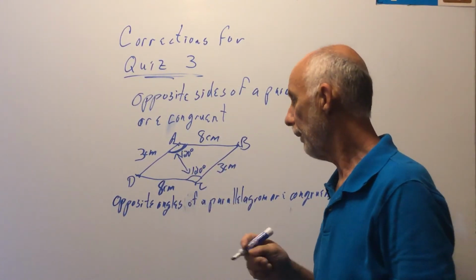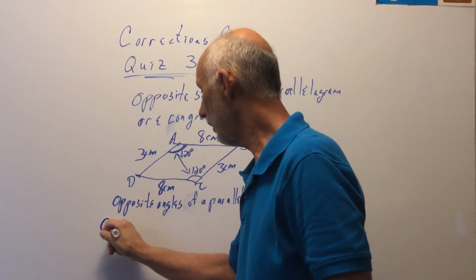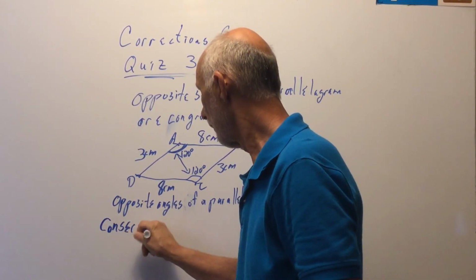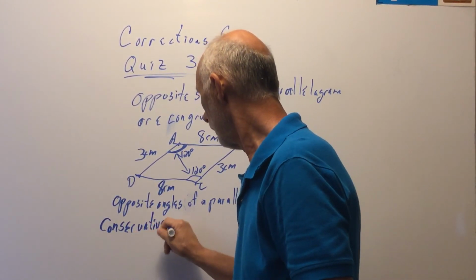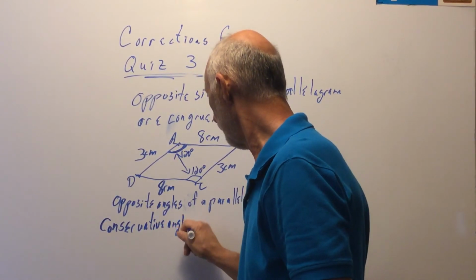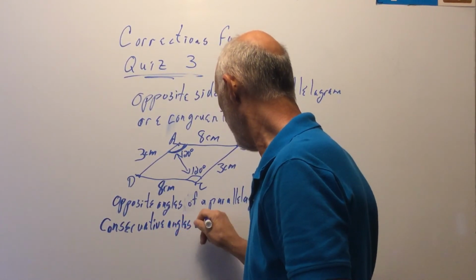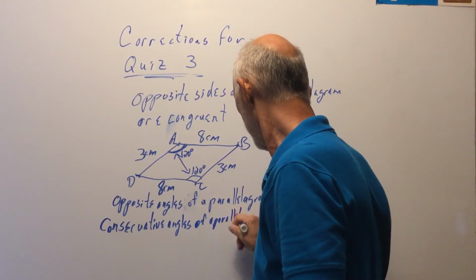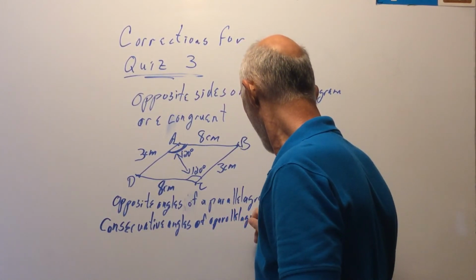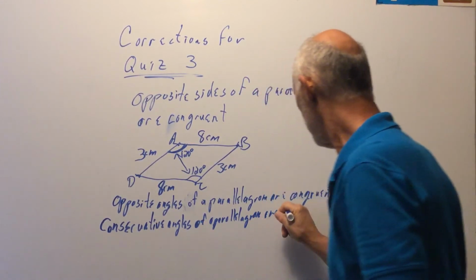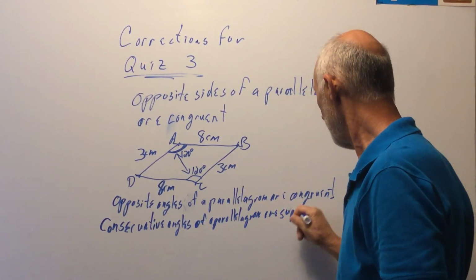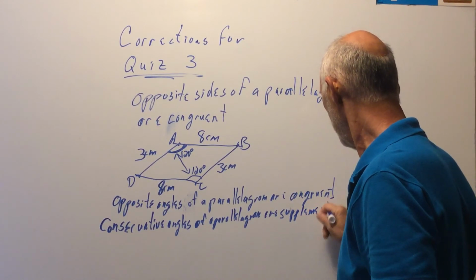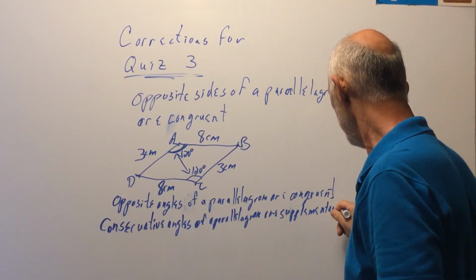By the way, we also have something that says consecutive angles of a parallelogram are supplementary. And remember what supplementary means. Supplementary means they add up to 180 degrees.